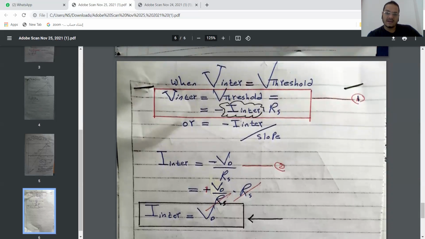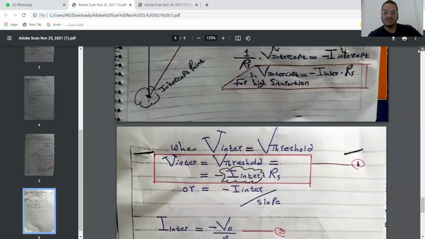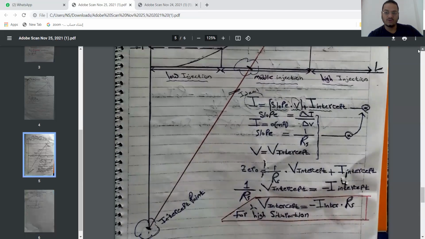Here, I intercept equals minus Vd divided by Rs, because we will put this result here to be minus Vd over Rs times Rs. We have two minus signs, so we can delete them or write positive, and it will be I intercept equals Vd. By the way, we can prove it.